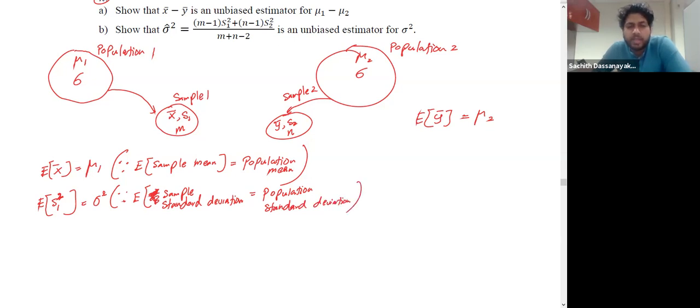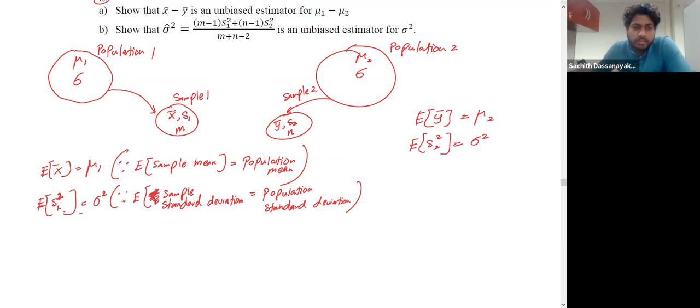It doesn't matter whether it's variance or standard deviation, both are similar. I know that this is some kind of biased estimator, and the expected value of S1 squared is not exactly sigma squared, but we consider it as an estimator. Same here, the expected value of S2 squared equals the variance sigma squared.